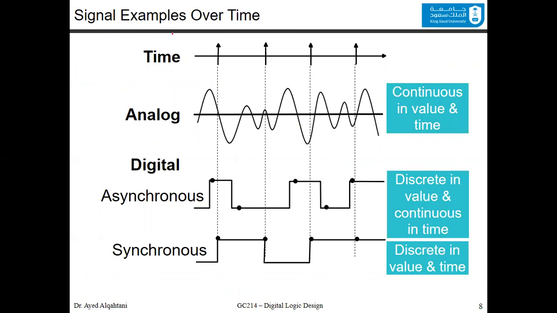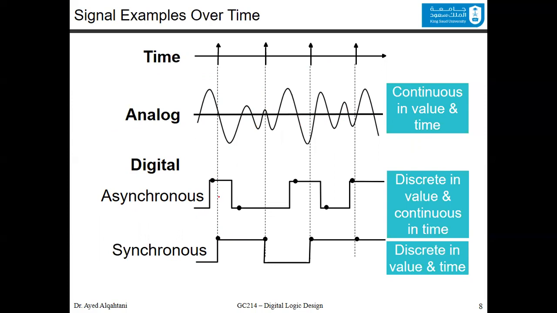This is the signal examples over time. So we have the time axis, and after a certain period of time, if you have a signal as shown here, this is called an analog signal. Usually it's continuous, as you can see here, or digital, which has discrete values, right? For example, here you have only 0 or 1, while here we have also 0 and 1 and so on. This is an asynchronous system.